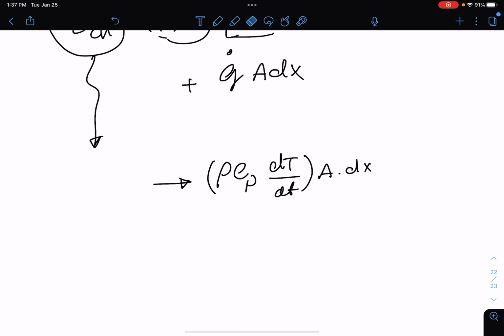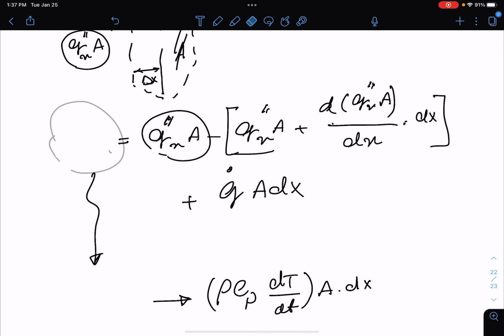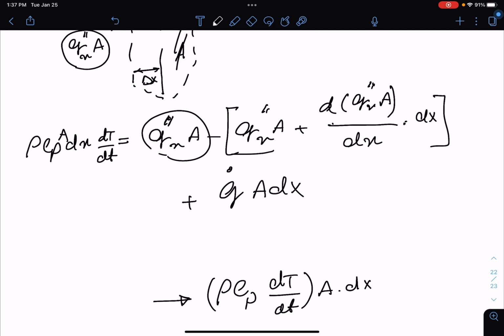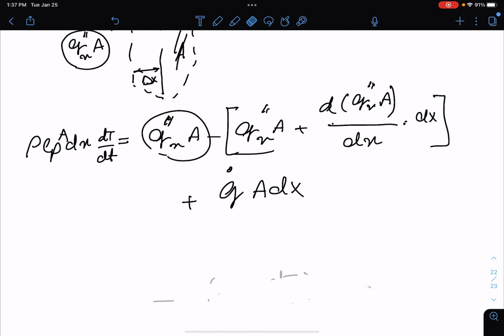So let me rewrite this up here: rho Cp dx A dT/dt. So dx again is delta x, the width. This is the width, this is not the derivative. Whenever you don't see a dx in a denominator, it is not a derivative. It's just a width.